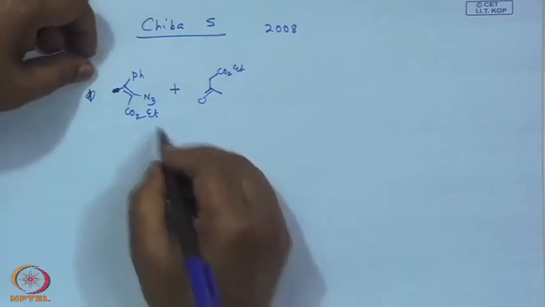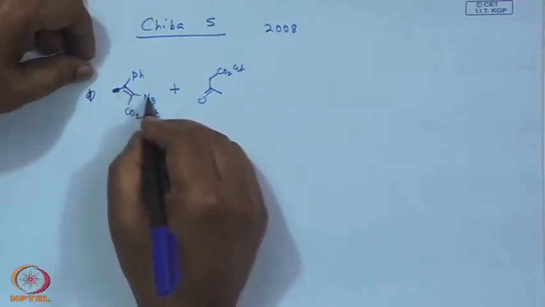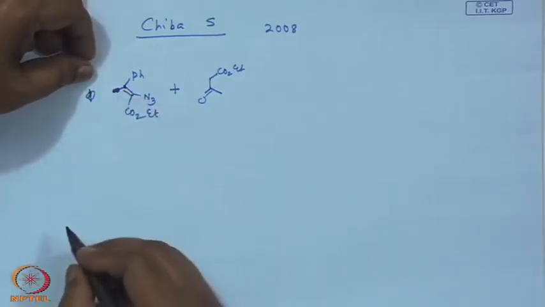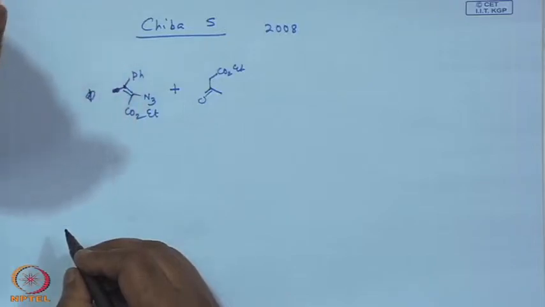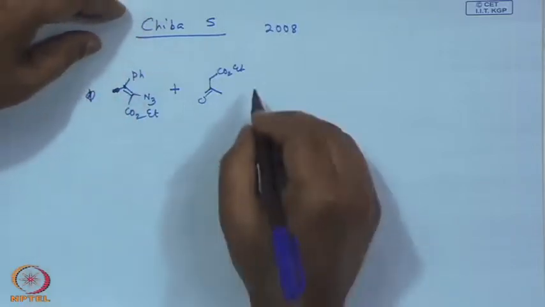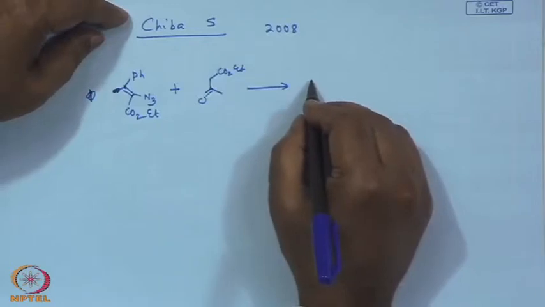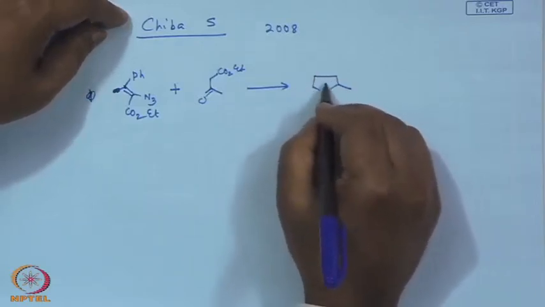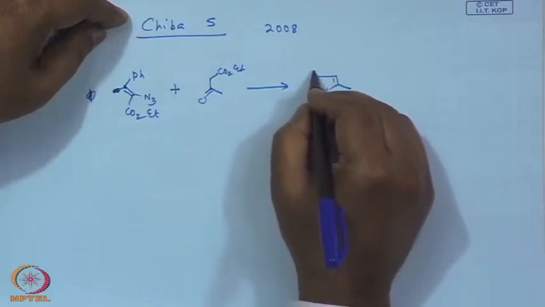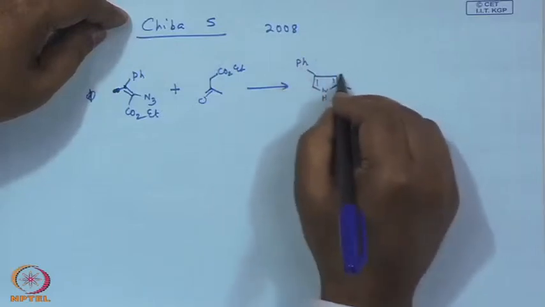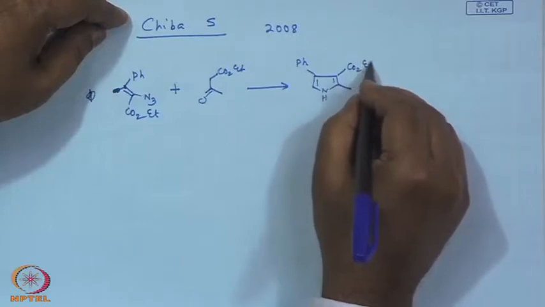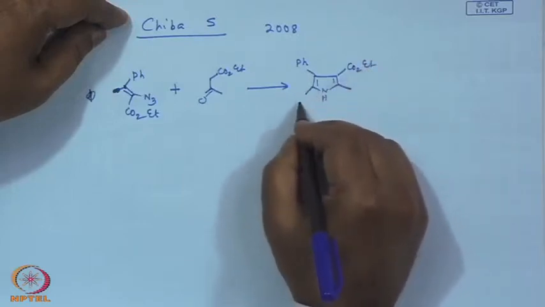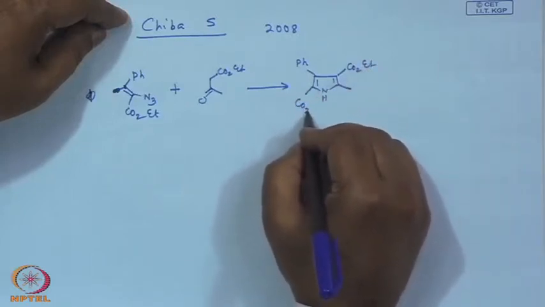So, here you see, again 1, 2, 3 carbons and nitrogen. The azide group actually provides only 1 nitrogen, and at the end of the reaction what you get is a tetrasubstituted pyrrole, and this is phenyl, then ester here, and in this case it is also ester.